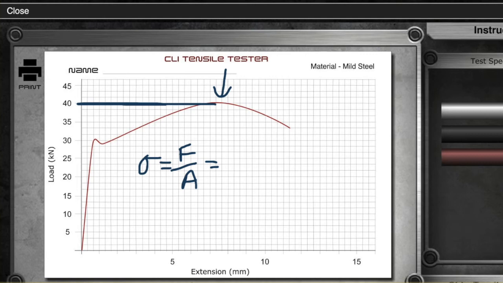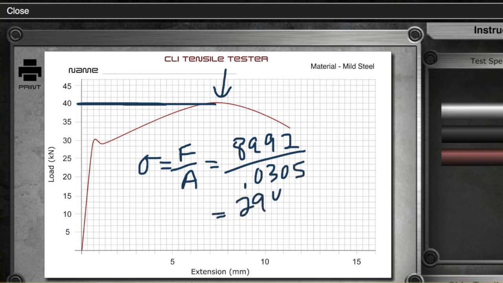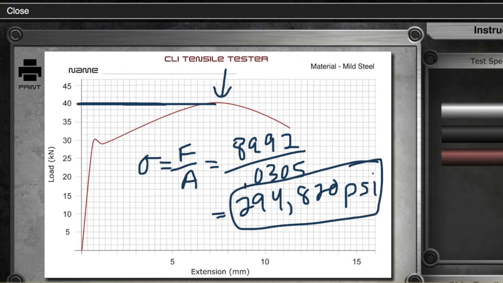And if I do that, I get like 8,992 pounds divided by the cross-sectional area, 0.0305, which we figured out at the beginning. And I get 294,820 psi. That is the ultimate tensile stress for mild steel. Okay, that was number 2.